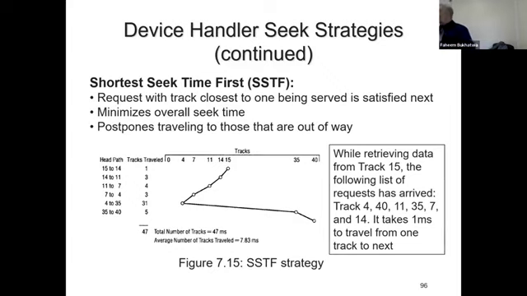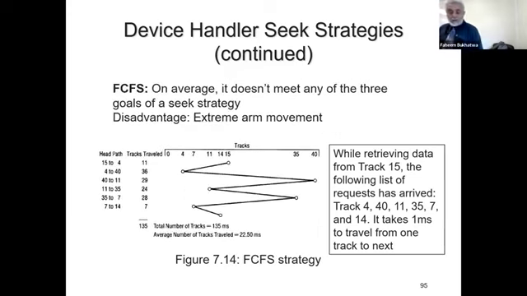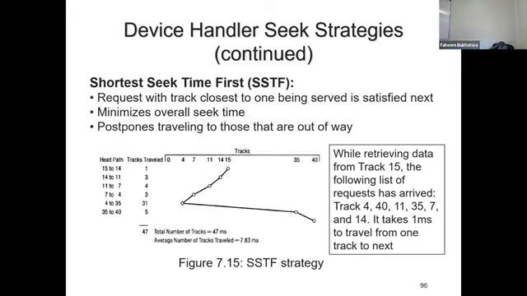Doing exactly the same reads, we just change the order. The previous one, first come, first served, averaged 22 and a half milliseconds. With shortest seek time, it took about 7.8 milliseconds. So you're reducing it by about 66%.